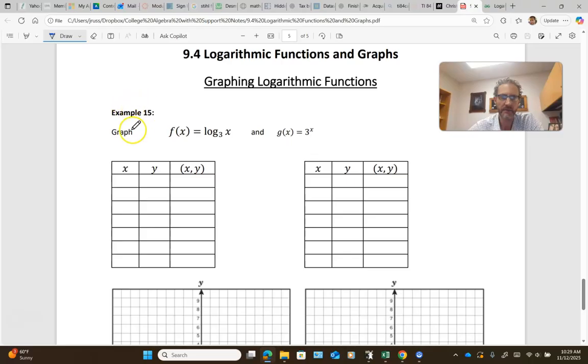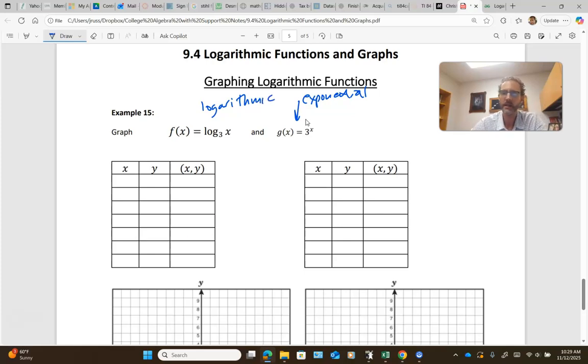So, example 15, we want to graph log base 3 of x, and we also want to graph 3 to the power of x. So one of these is an exponential function, and the other one is a logarithmic function. Okay.